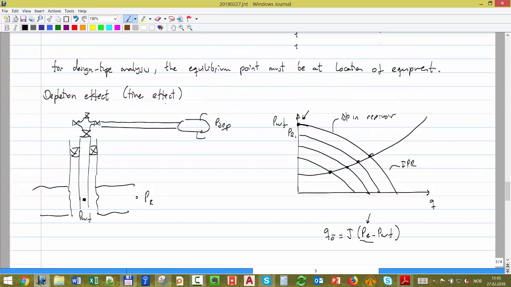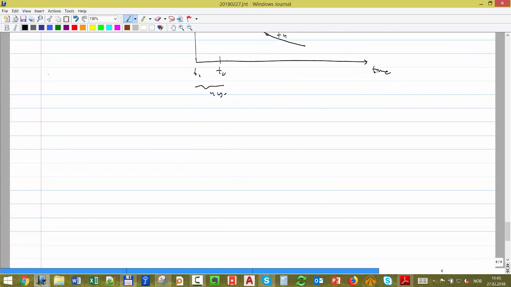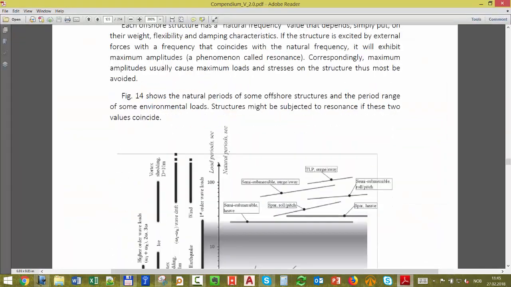We are going to use some equations in the next class. Just wait a moment, let me check something here.